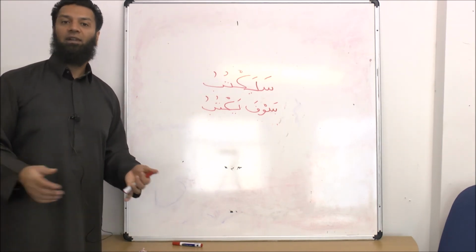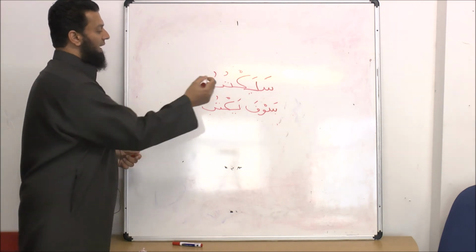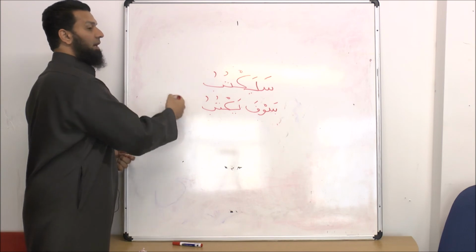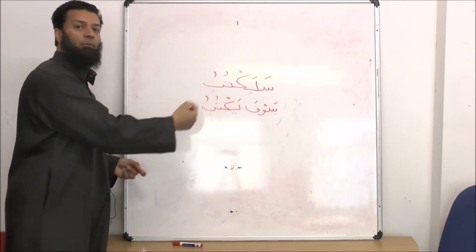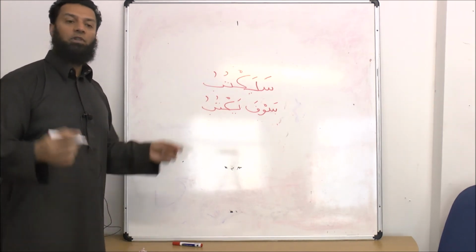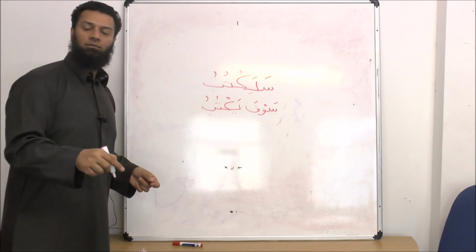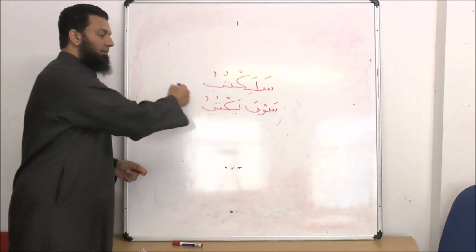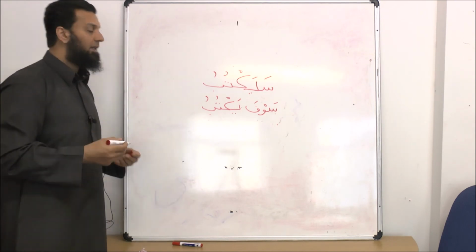Right? Whereas if I say to you, أنا أكتب على السبورة, I'm writing on the board, which means I'm doing it now. But it's clear that it's not in the future because of the context that I'm doing it now. Right?